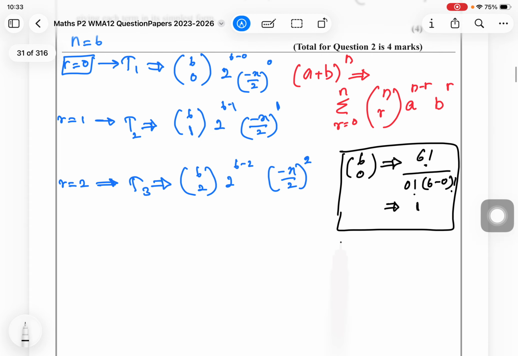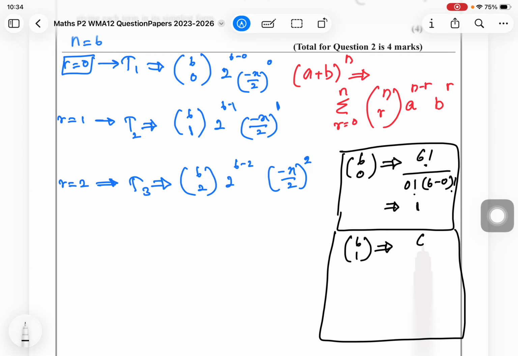And if we need 6C1, that would give us factorial 6, factorial 1, and factorial 6 minus 1, which is 5, and that will give you the number 6.